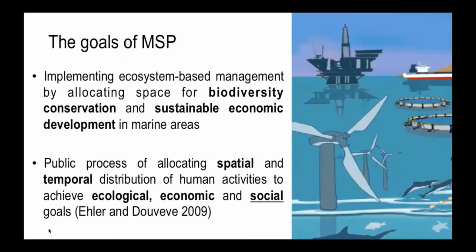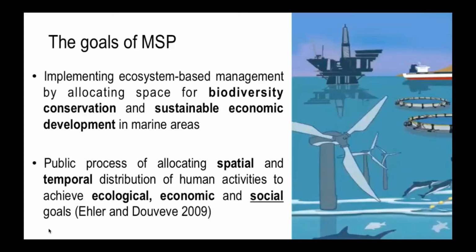For example, in the first one, when we're talking about implementing ecosystem-based management, we don't even see the word social. The goal is to allocate space for biodiversity conservation and for sustainable economic development.